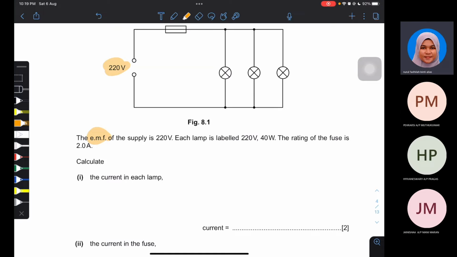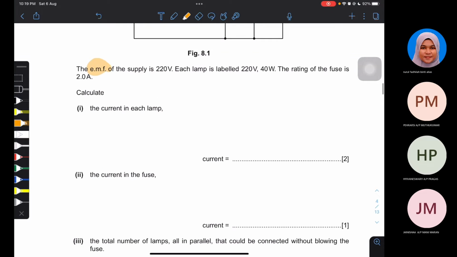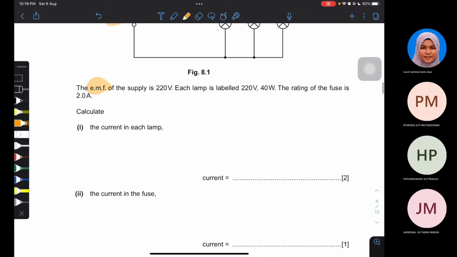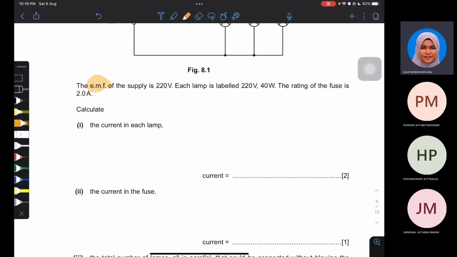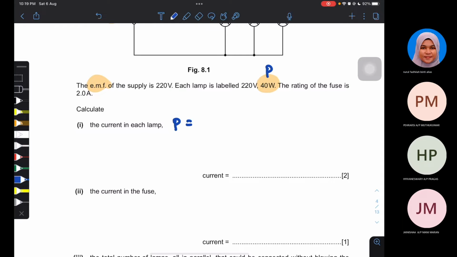Okay, the current. Sekarang ni you are given the kita nak guna formula apa? So sekarang kita nak okay, you know this is the power, yeah? So that's the power. Okay, and then kita tahu power equals to V times I. Ni you kena tahu.